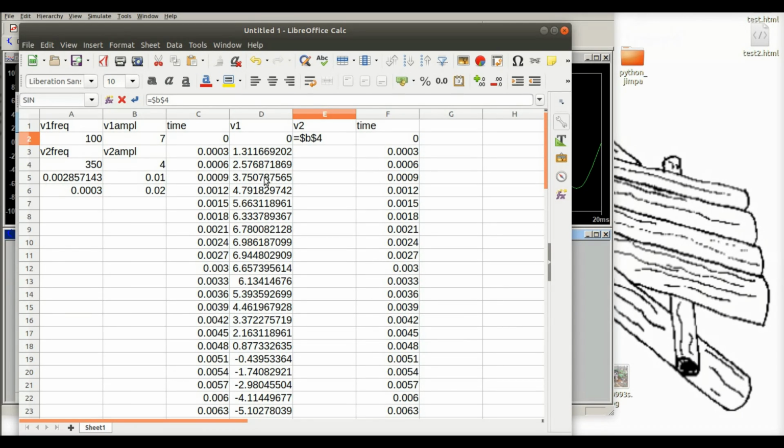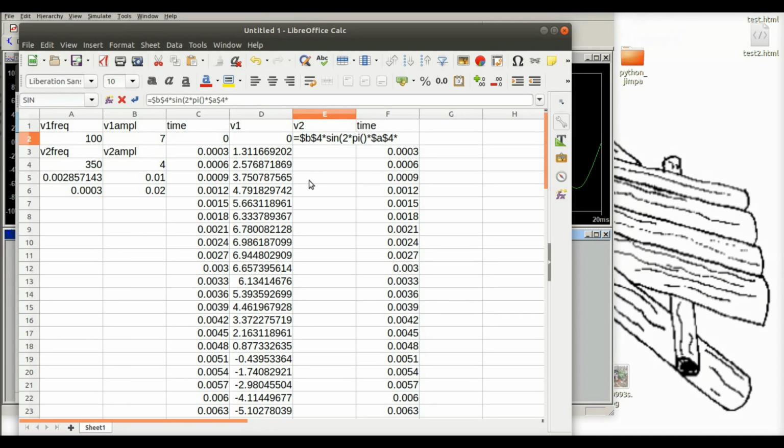So amplitude is absolute reference to B4, $B$4 times sine 2 times pi times frequency, which is $A$4. Times, and then C2 again.